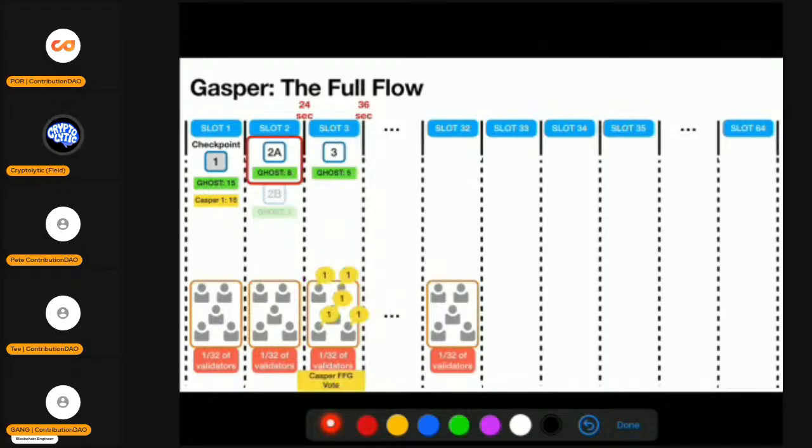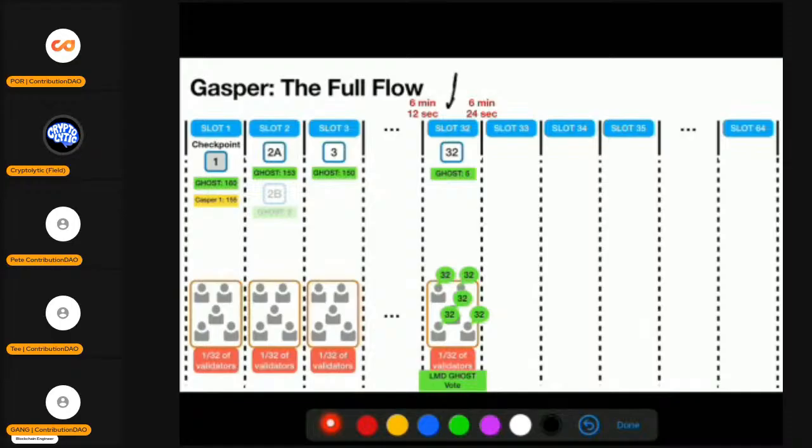Again it would do the Casper FFG vote to this, and then you keep repeating until you reach the end of the epoch, slot 32, and then validators vote for block 32 and make the Casper FFG vote again. Oh, sorry, this one should be 1.